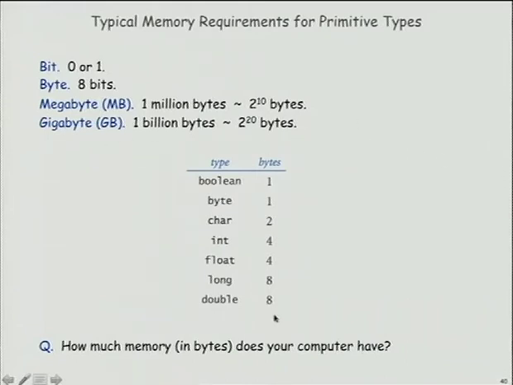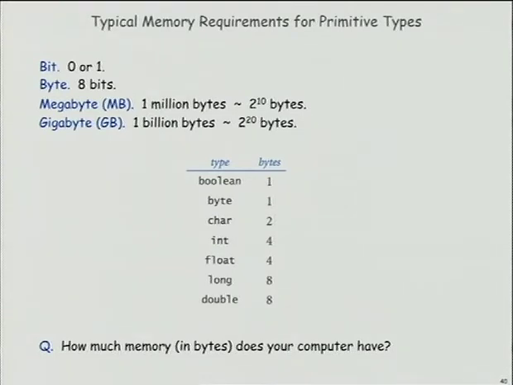Then for different types, you have different bytes needed. So a Boolean usually uses 1 byte, and look, we actually throw away 7 bits, since a Boolean actually needs only 1 bit, but we allocate 8 bits for it, a byte. If you continue with your studies, you will learn in Computer Science 244 why we would actually waste 7 bits.